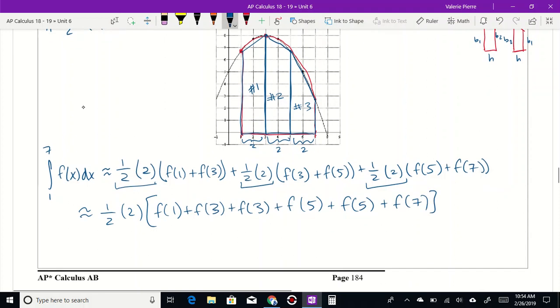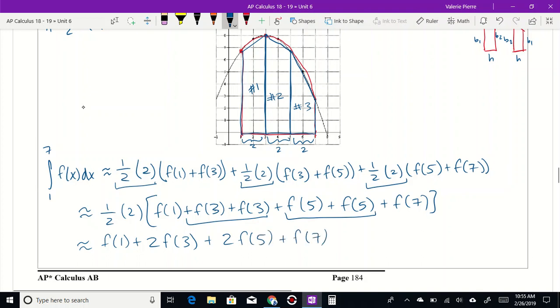We can simplify this even more because 1/2 times 2 is just 1. So then we have f of 1 plus 2 f of 3 plus 2 f of 5 plus f of 7. And this is approximately equal to 38.667.